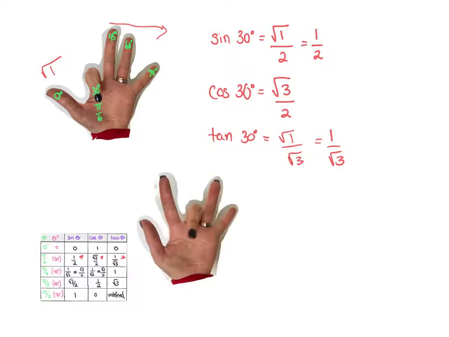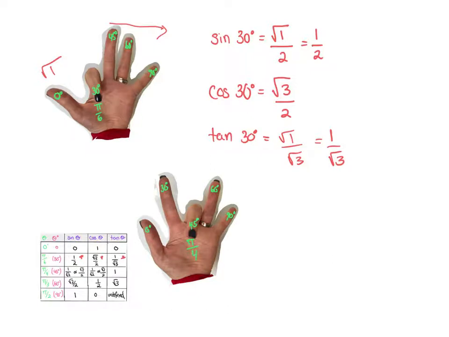Okay, so looking at my hand here, I have decided to put the 45 finger down, which means I'm going to calculate the 45 exact values, or I could say pi on 4, because that's the same.